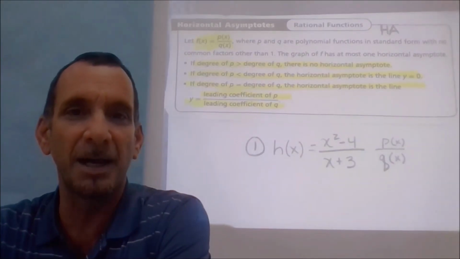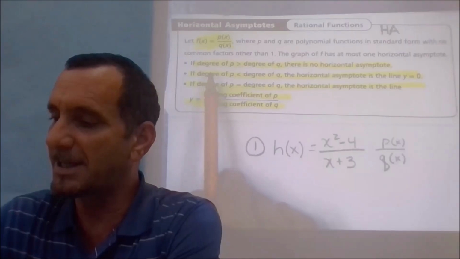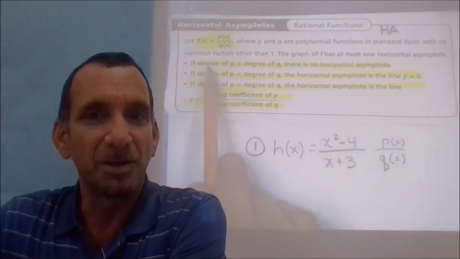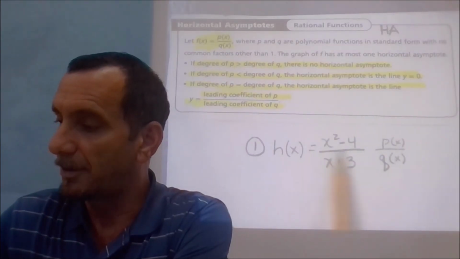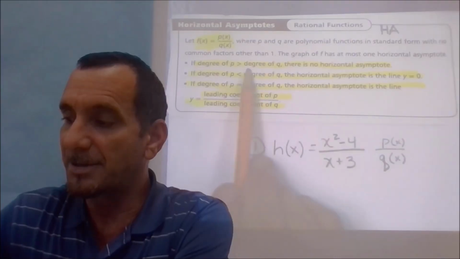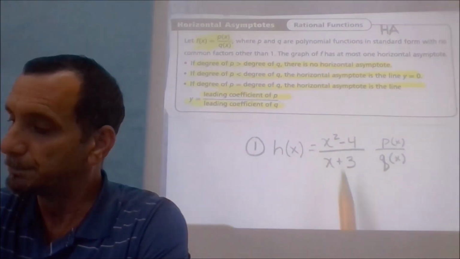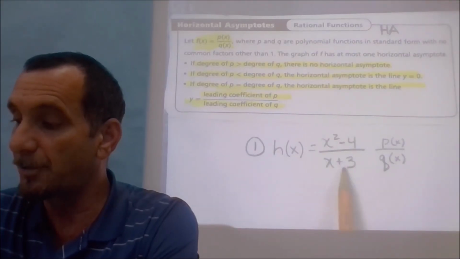Just keep that in mind as we read. In this situation, it says if the degree of p, the numerator, is greater than the degree of q.